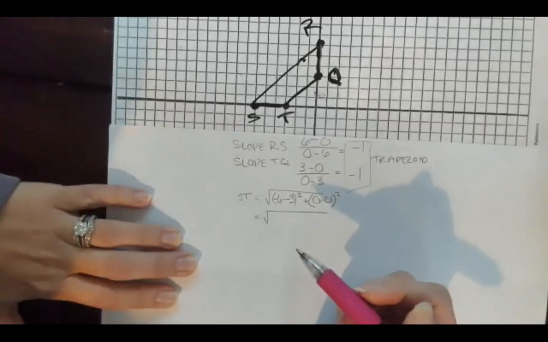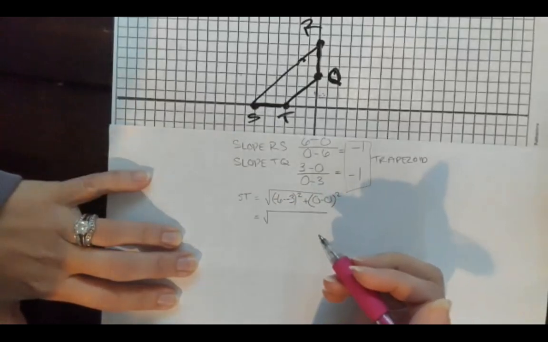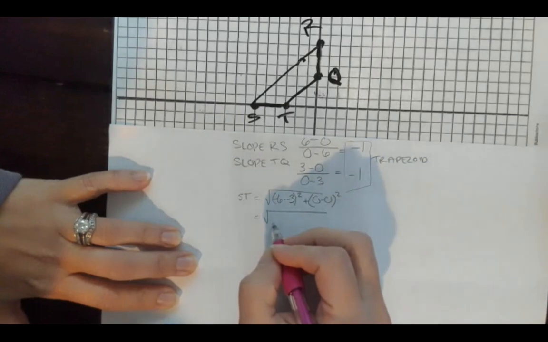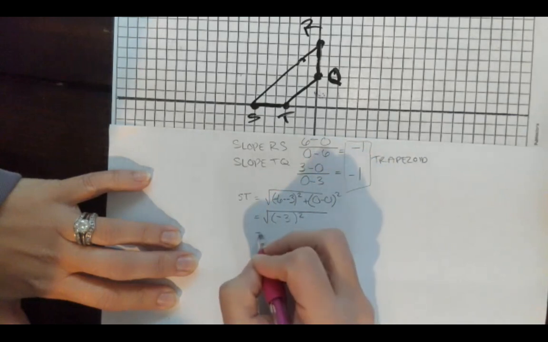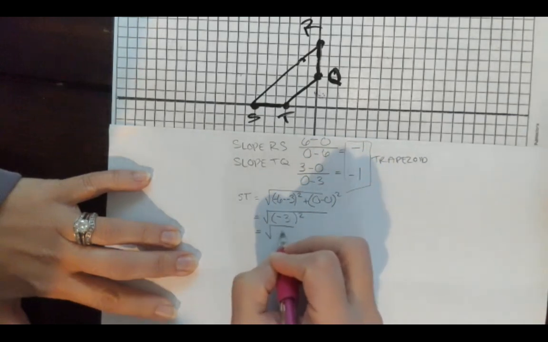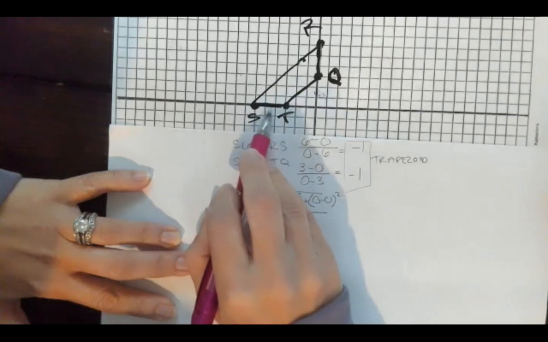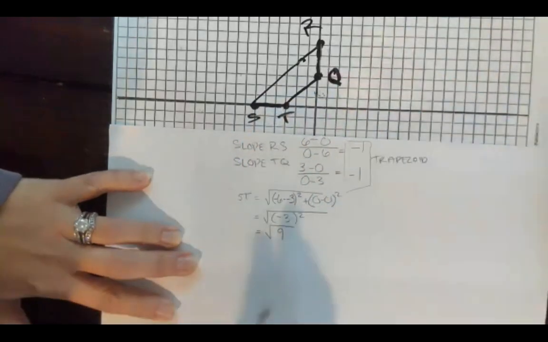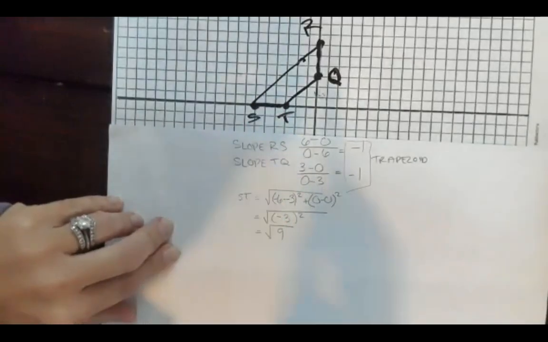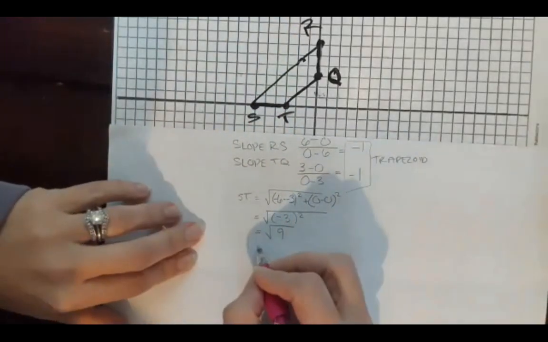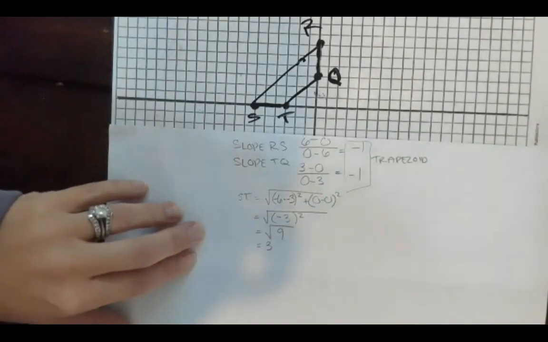So the distance of ST is what? -3 squared. Yes, you can also count it because it is horizontal. We could count 1, 2, 3, and 1, 2, 3. But let's practice doing it this way because this is probably the only one you're going to have like this. Okay, so the distance of ST is 3.